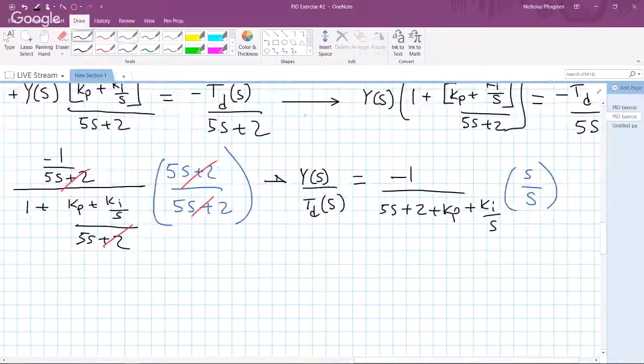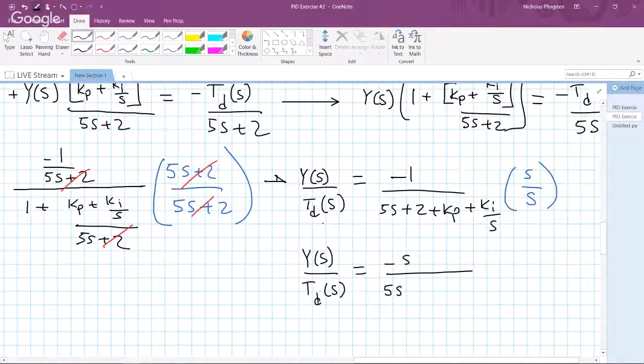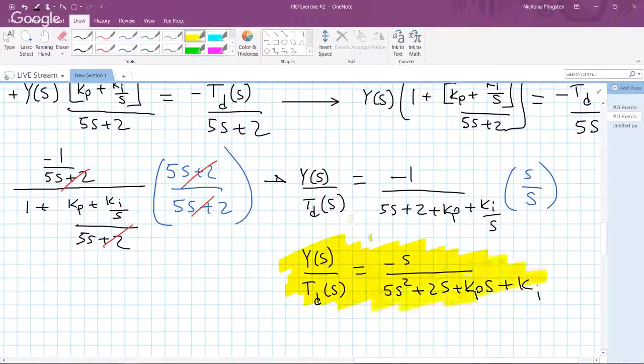And then what we're left with, capital Y of s all over Td of s equal -s over 5s squared plus 2s plus kp of s times s plus ki. All right, now we have that expression. And let me paint this yellow, to indicate that it's kind of important.